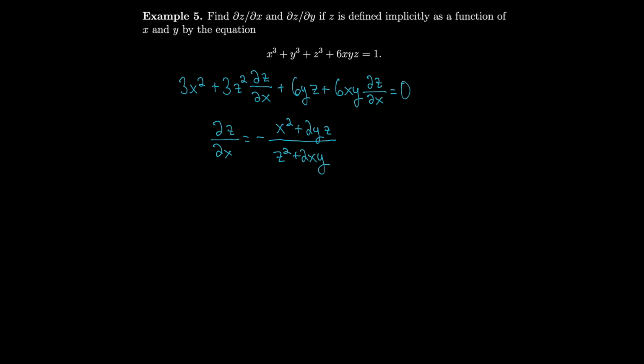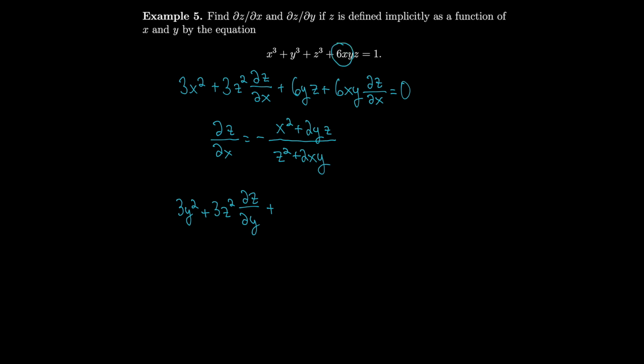And we can do the same thing for y. So if we take this equation and we partial differentiate with respect to y, then we get 3y squared, because this is constant, and we get, again, 3z squared, but this time the partial is with respect to y. And then if I'm looking at this, now I've got my product a little bit different. 6x is a constant, so this is 6xy.